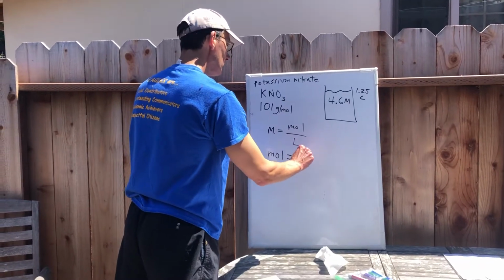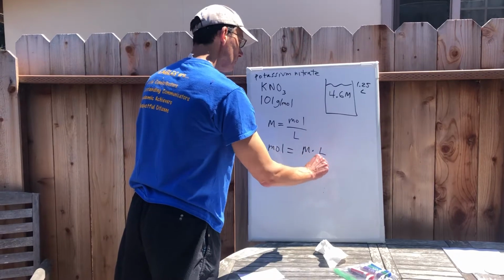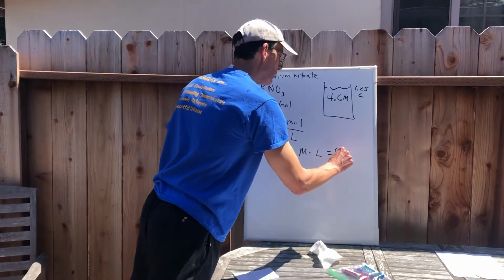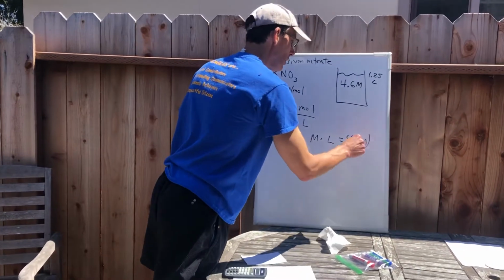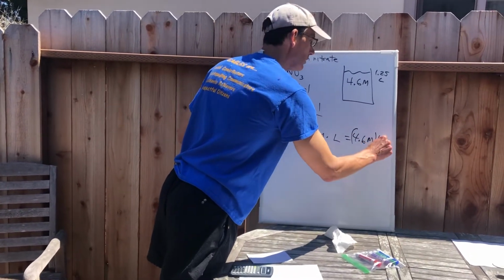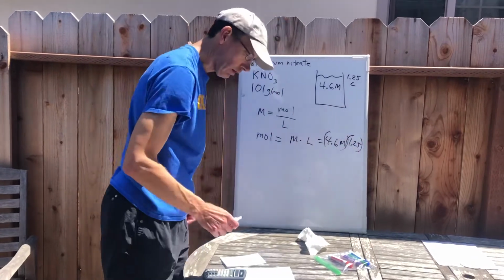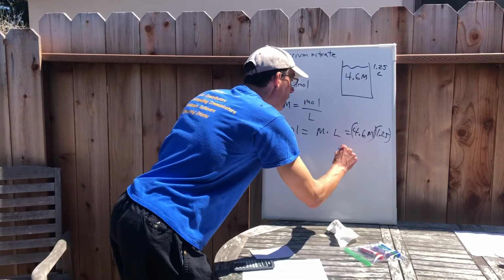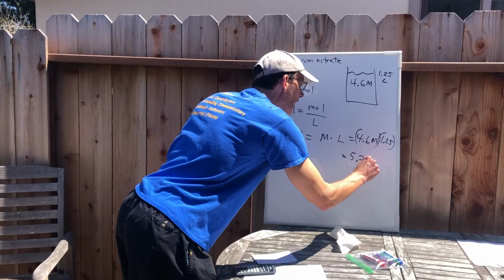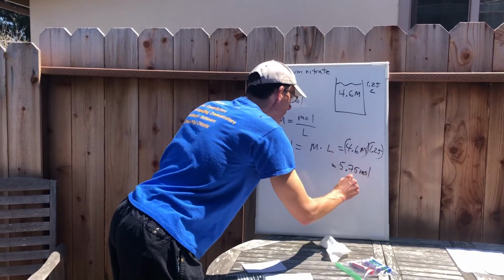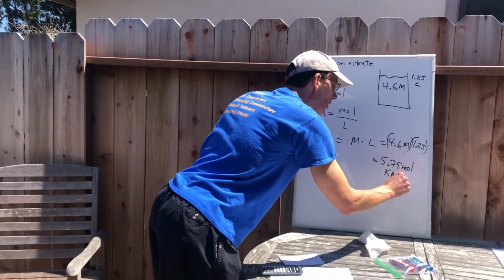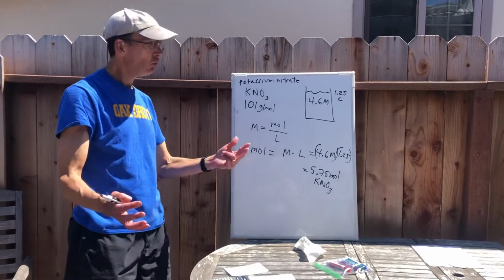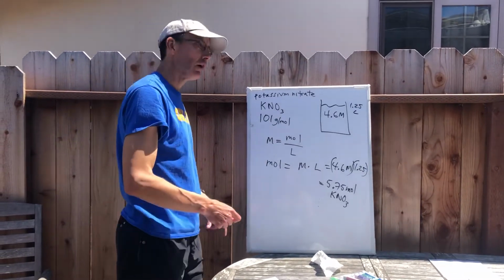Moles equals molarity times liters, which equals 4.6 times 1.25. Take your calculator out. You get 5.75 moles of KNO3. But we need to know how many grams we're going to weigh out so that we can make our solution, because you can't measure out moles.